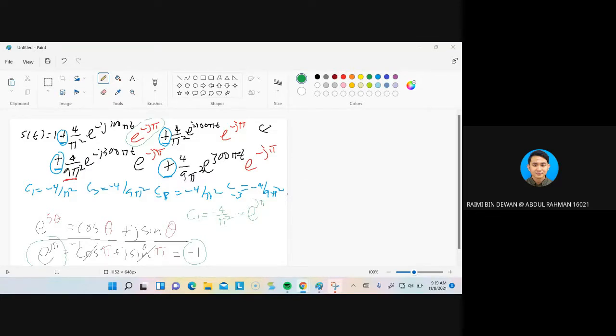Complex negative 2 pi x naught j n omega t. Negative j pi. Four pi, negative j pi, plus.